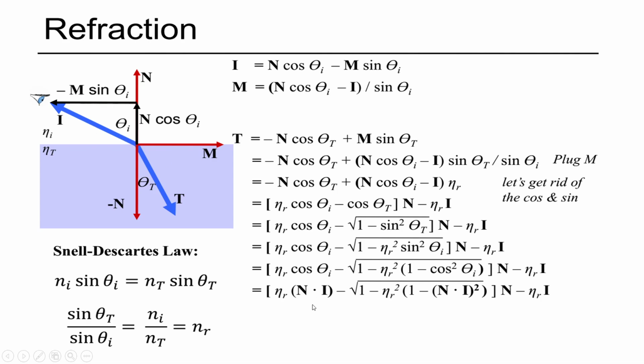Since the magnitudes of n and I are both 1, considering both of them as unit vectors, cos theta I is basically equivalent to n dot I. So this is how we obtained this final form for t, the vector t.